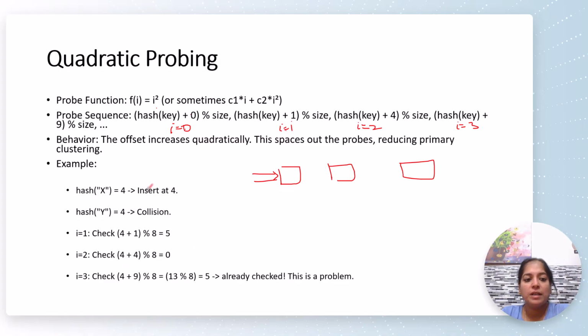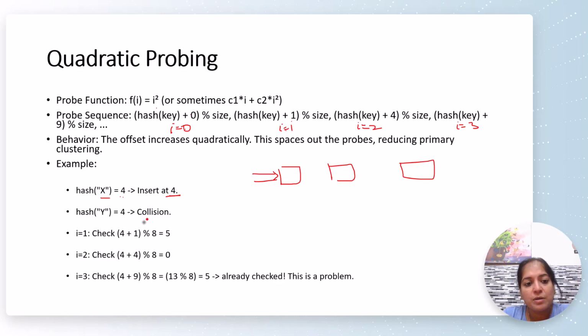Now, for example, we want to insert value x at index 4. The hash function gives the index 4. It is empty, so we insert the value x at index 4. Then for value y, again we get the index 4.